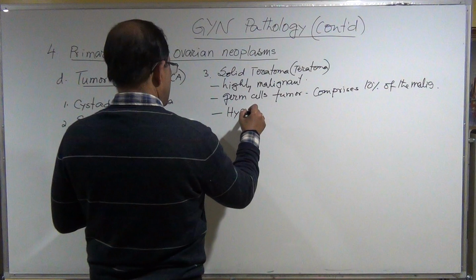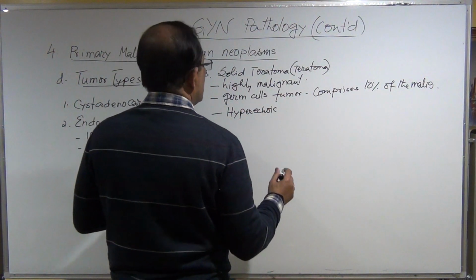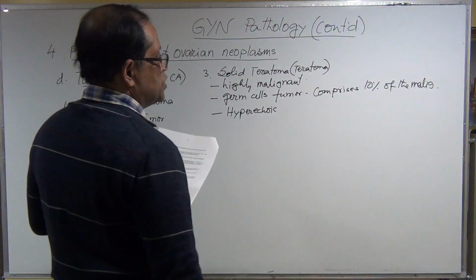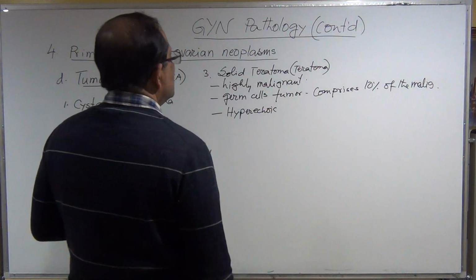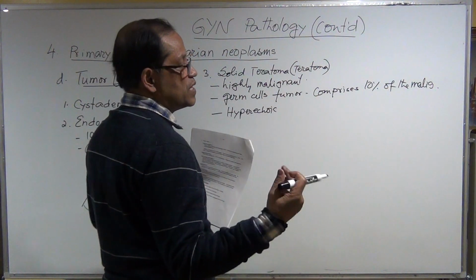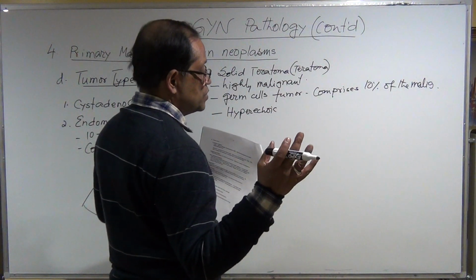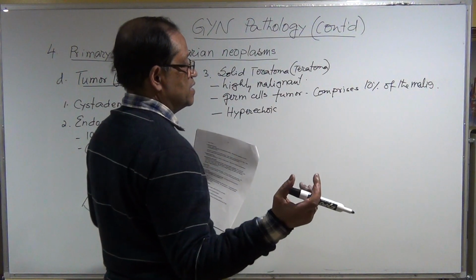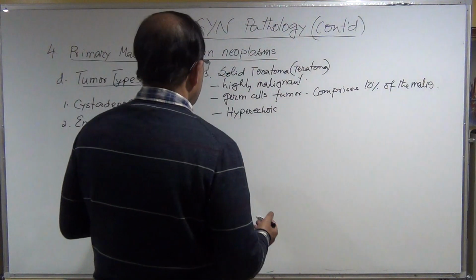It is hyperechoic because of the multiple different structures found inside the tumor, because different derivatives are there. There might be some bones, solid materials of fat, sebaceous gland, hairs. Okay, a lot of things can be there.